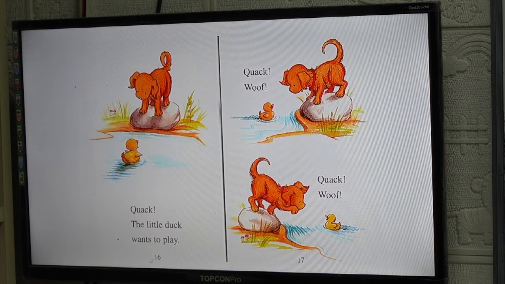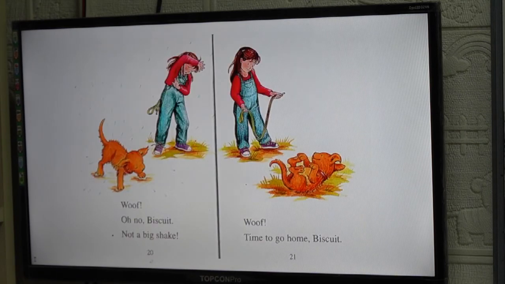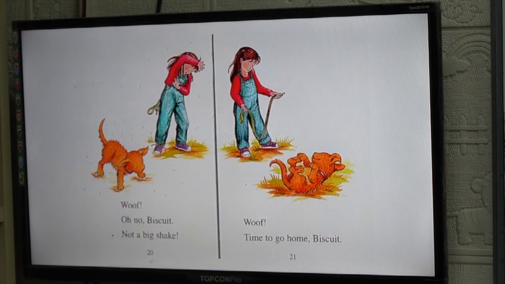Wow, it looks like Biscuit wants to play with this little duck. Quack, woof, quack, woof. They enjoy playing with each other in front of the pond, right? This page is also missing. Oh, what happened here?